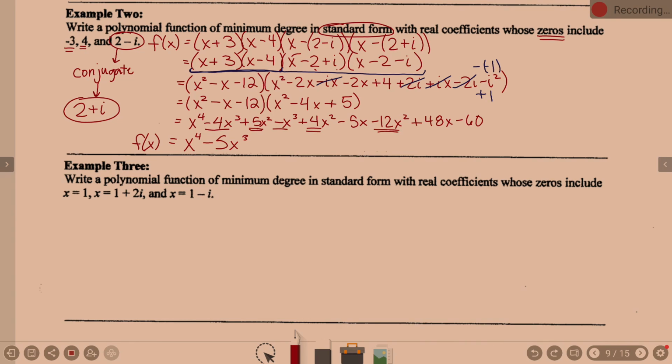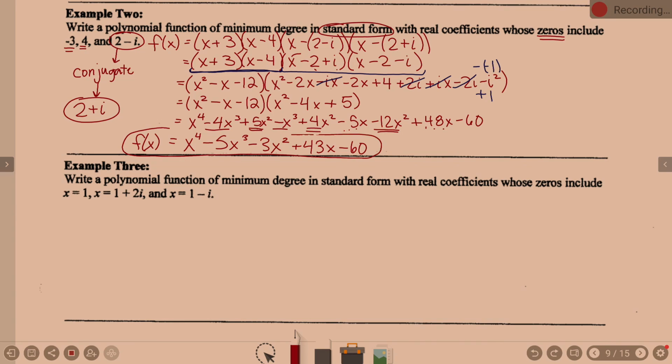Minus 12x squared is minus 3x squared. Where'd you get 5x squared? X squared times 5. Okay, minus 5x plus 48x is going to be 43x, minus 60. Go team.